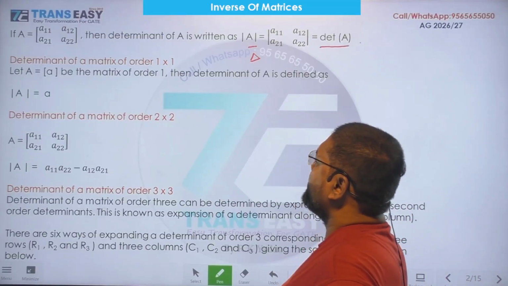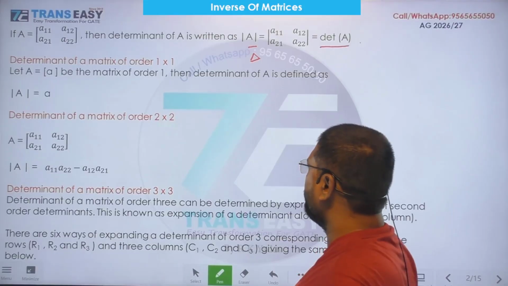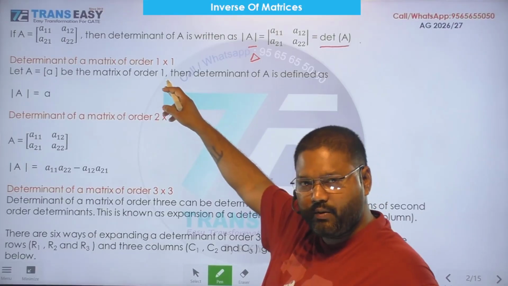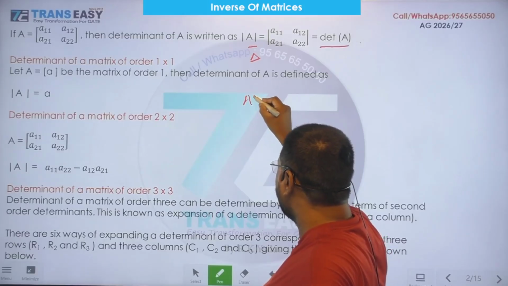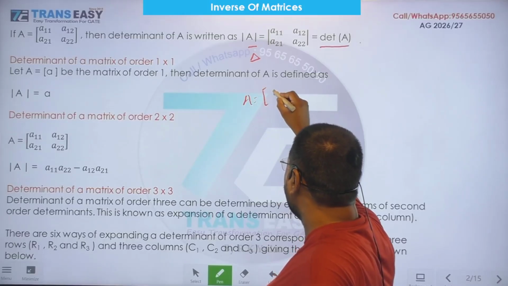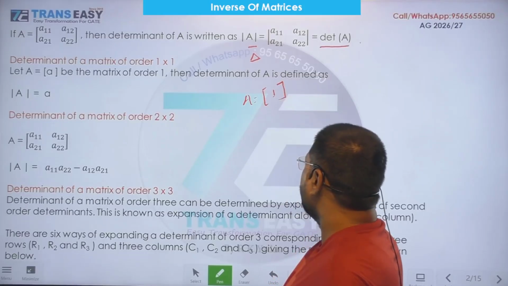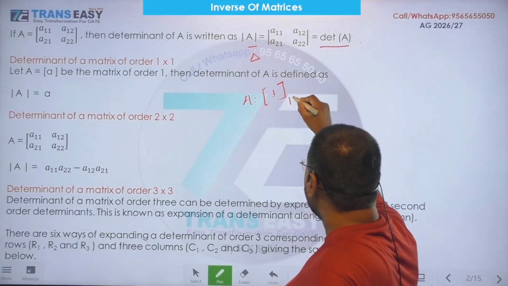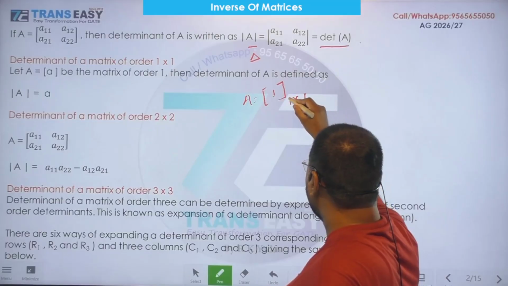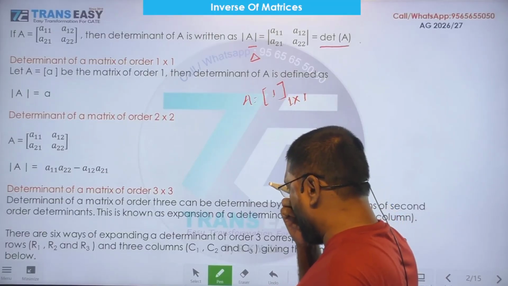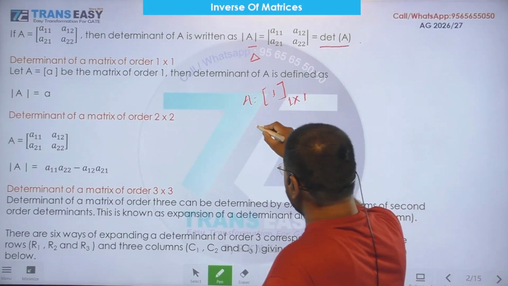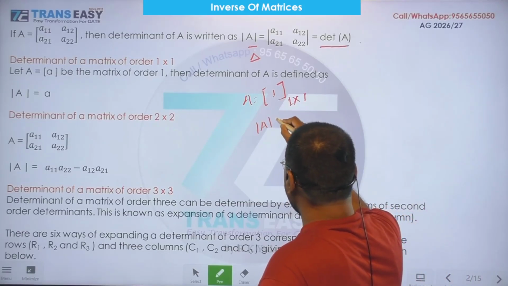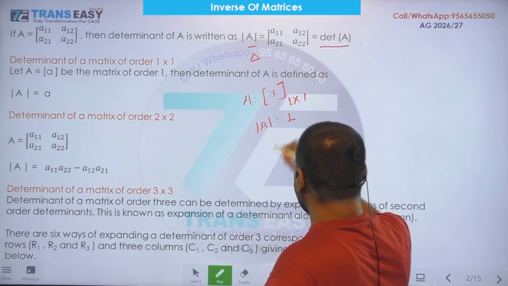Determinant of a matrix of order 1 is to 1, one row and one column. Suppose this is 1 is to 1 order matrix, so its determinant value is simply this element.